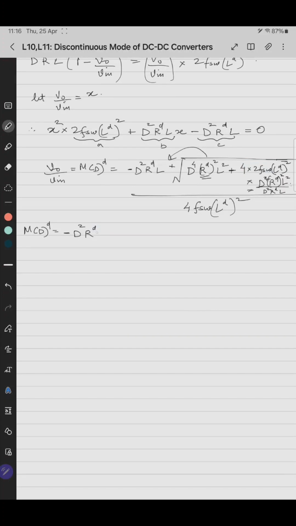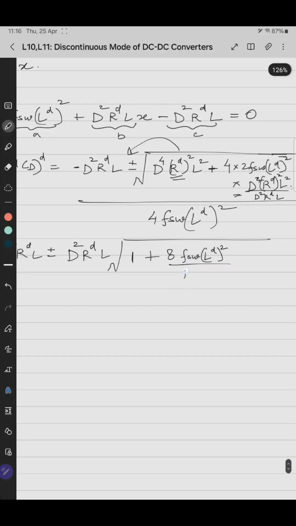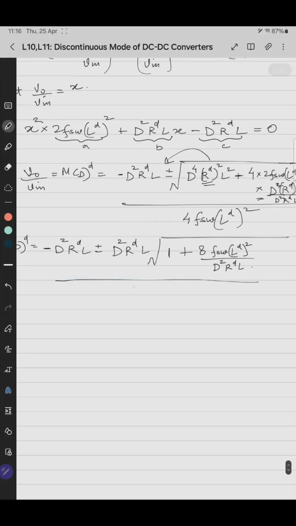So minus D square RDL plus minus D square RD into L under root of 1 plus, it will be what, 4 into 2, 8 F switching LD square, rest there is nothing in the numerator, divided by D square RDL, whole divided by 4 F switching LD whole square.